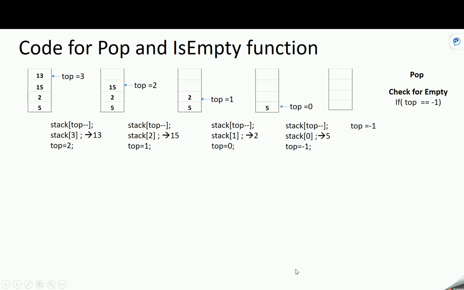Now let's see the code for the pop and isEmpty functions. The pop function looks like this. It has a return type void, and it does not take any parameter. Whenever we call this pop function, we have declared a variable called item, and in this item we are storing the value which is at the top. We know top-- means post decrement, which means first use the value and then decrement it.